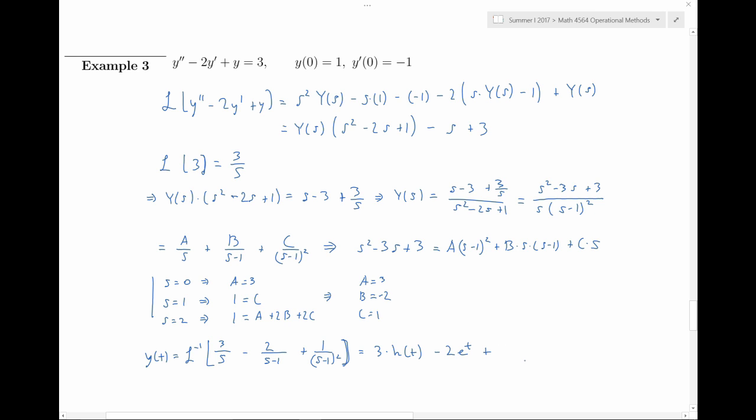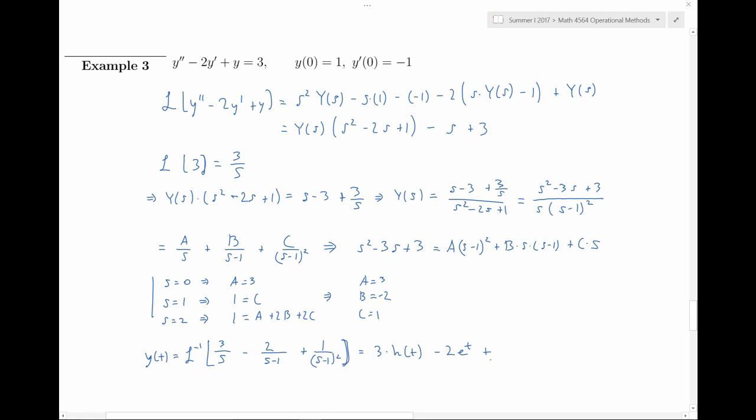from two different perspectives. We can look at it as a shift of the function 1 over s squared, which was the Laplace transform of t, and so if it's a shift it has to be multiplied by e to the t. Or we can look at it as a derivative of the term 1 over s minus 1, and the derivative in the Laplace transform means multiplication by t in the time domain.